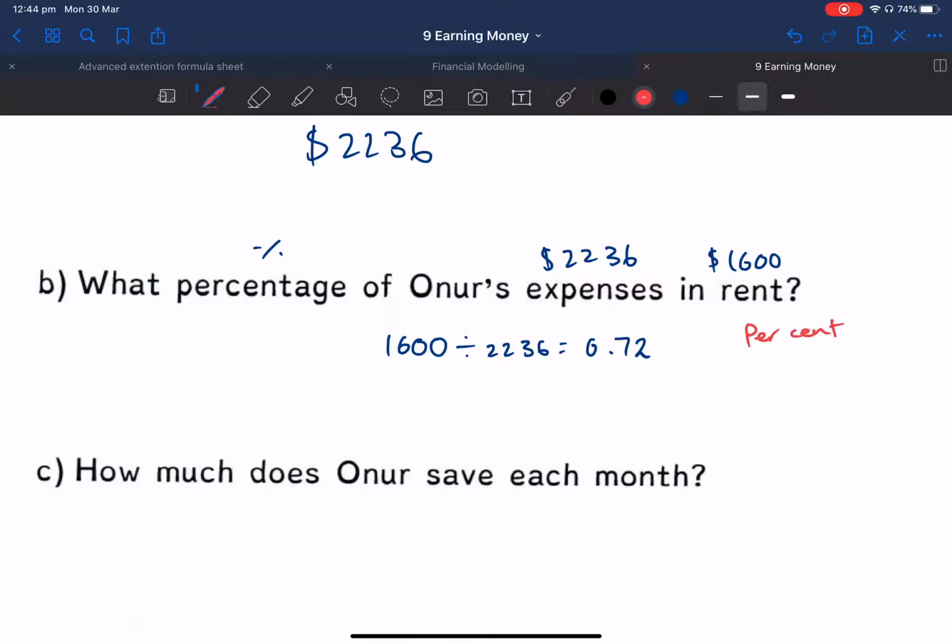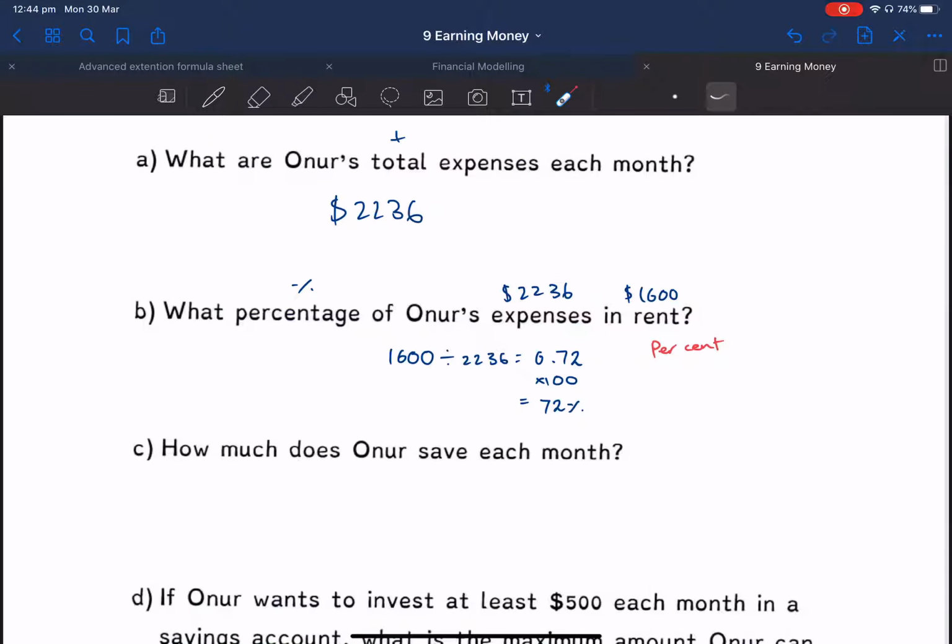So for this answer here, I just need to times this by 100, and I'm going to get 72%. Now you might have rounded at the end, so you might have gotten your yucky answer at this point, and then just hit times 100 on your calculator, and then gotten something here. That's totally fine as well. I'm happy for you to do it either way.